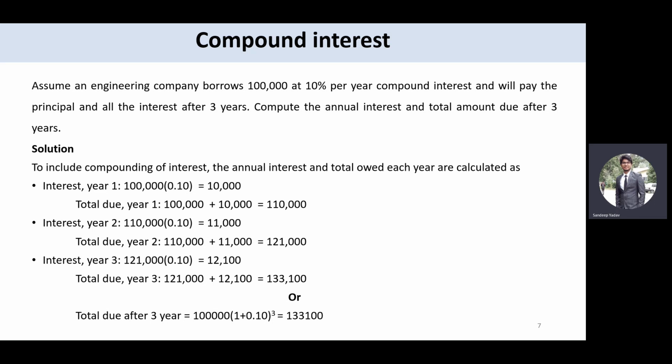The total amount due is the principal plus interest, that is 1,33,100. With simple interest we pay only 1,30,000, so now we have to pay 3,000 extra.